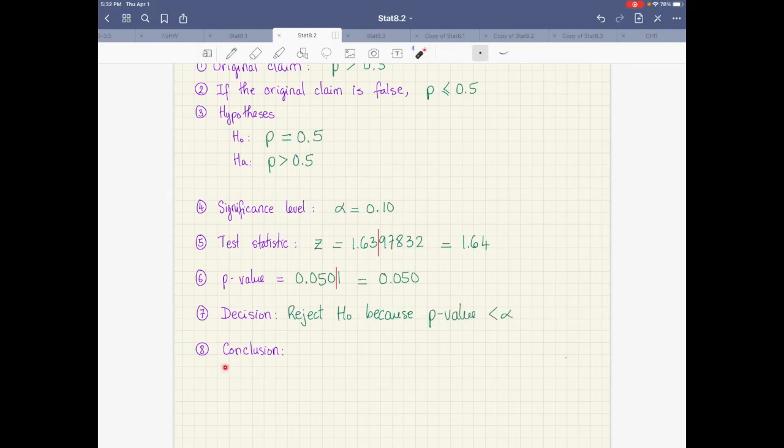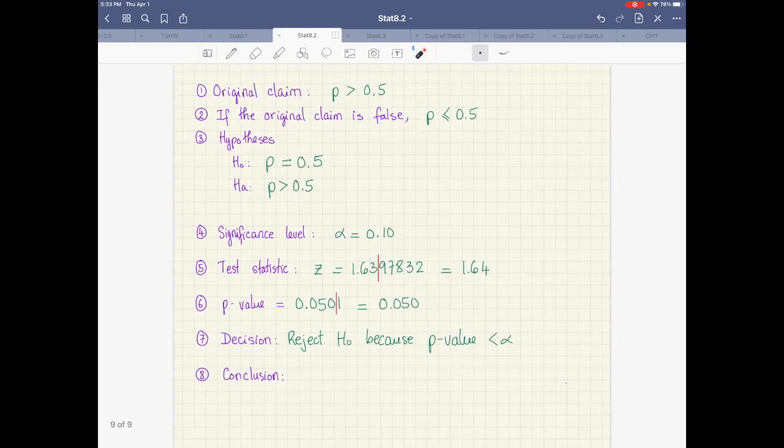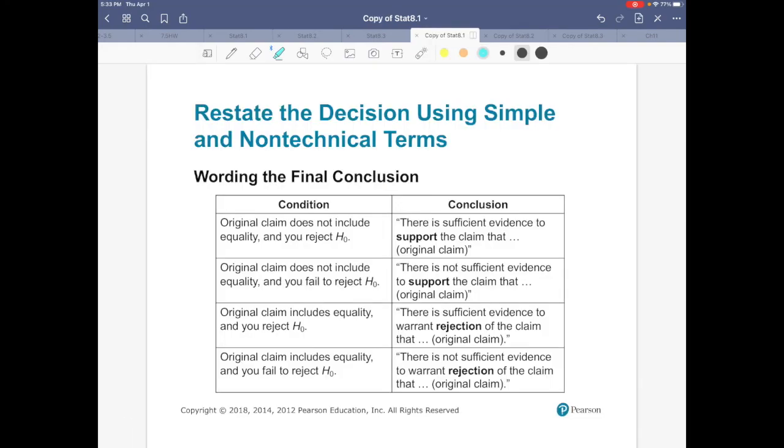To make my conclusion, again, if you're not too familiar with this, please go ahead and use the chart that we have in section 8.1. The original claim does not include equality, and we reject H0.